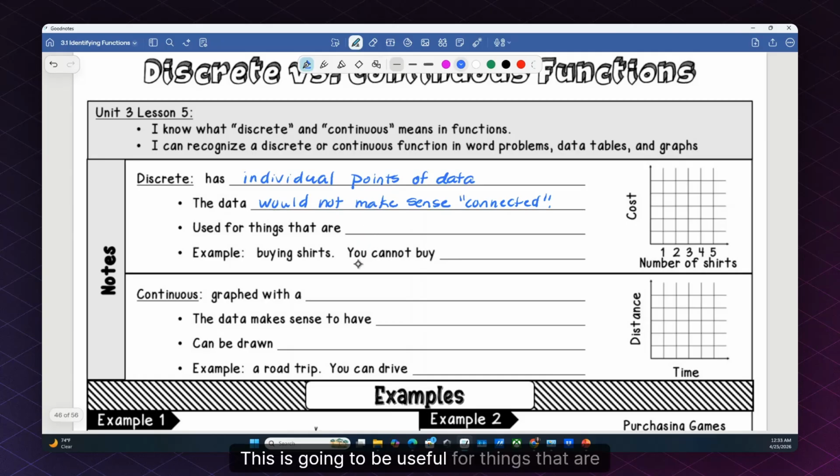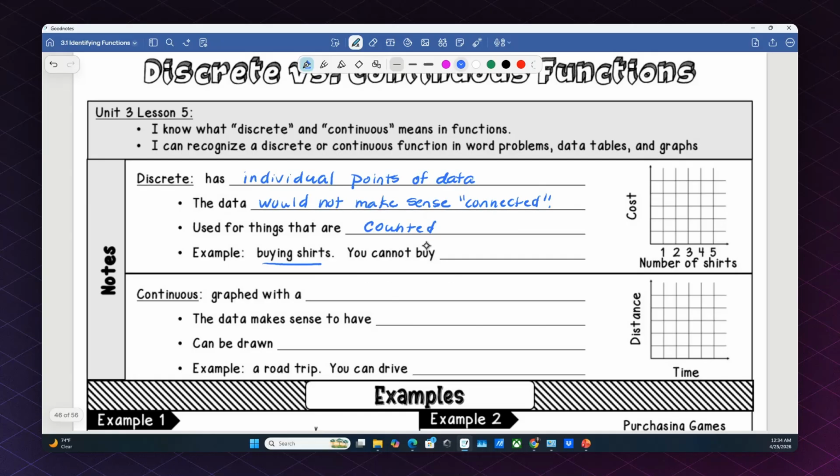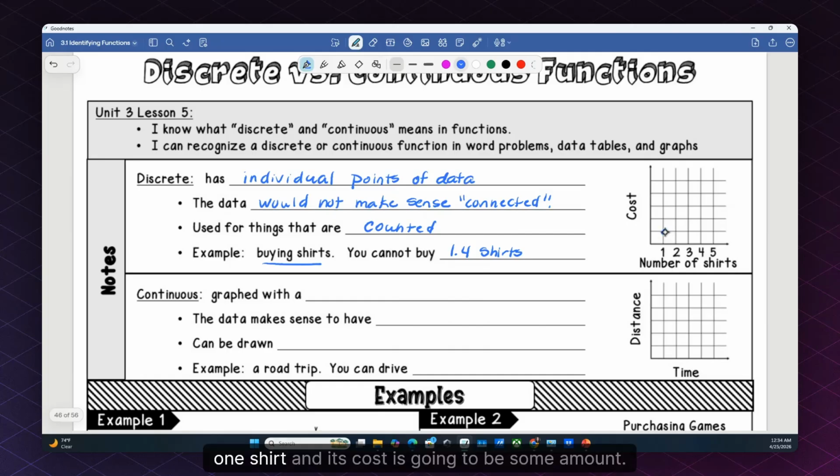This is going to be useful for things that are counted. So we can make graphs of all kinds of things that we can count. An example of that is buying shirts. You cannot buy, as an example, 1.4 shirts, right? That's not possible. We could buy one shirt and its cost is going to be some amount.